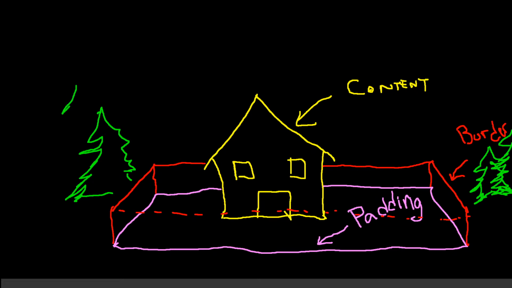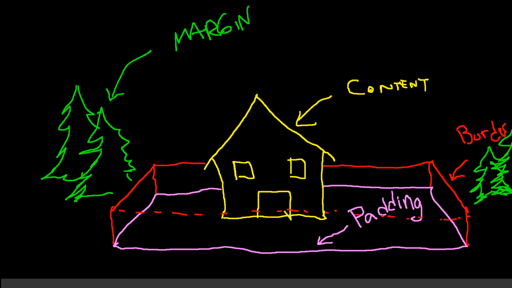You can go out and stand on it and walk around on it if you want to, but it doesn't really belong to you. This is the margin. It's not really your property anymore. It's kind of a no man's land.